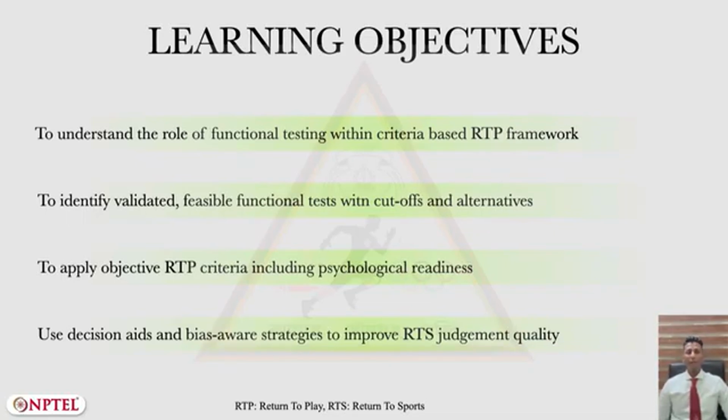And by the end of this lecture, you should be able to design and apply a robust functional testing battery for safe return to sports decisions in athletes of various sports.